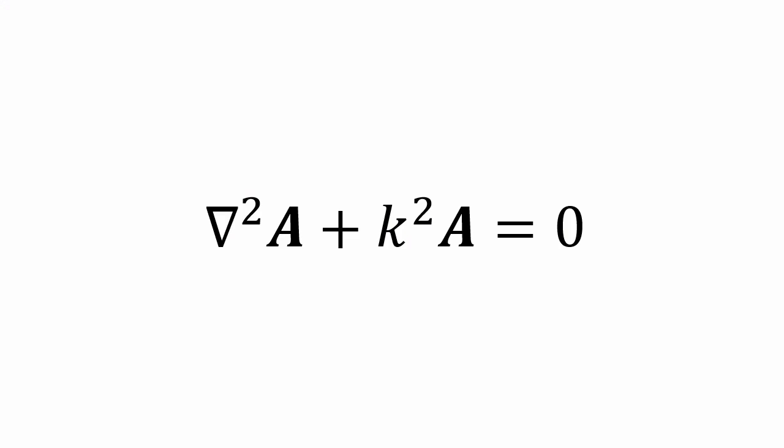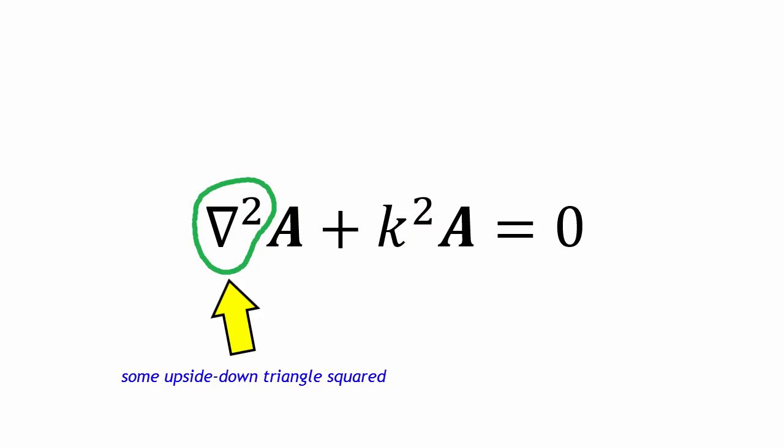Now, the second bit is the Helmholtz equation. The Helmholtz equation looks a bit like this. In the Helmholtz equation, there's this bit here, which could just be pretty much any function you want. Then you have some constant here represented by the letter k, and then you have this weird upside down looking triangle squared. This bit here is what we call the Laplacian operator, and it's one of the operators that you'll find in vector calculus.